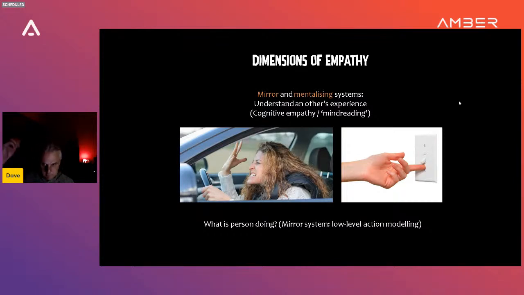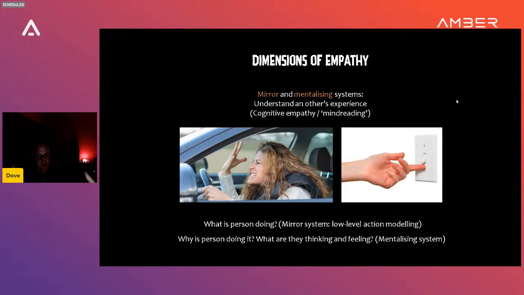So we might see a hand reaching out for a light switch. There's some context happening in the mirror neurons, but I think most of the context is happening in the mentalizing system. The mirror neurons help us model the action, and we go, person's reaching, intent is to flick a light switch, turn a light on. And the mentalizing system helps us to figure out why, put ourselves into that person's shoes, and brings in a lot more context.